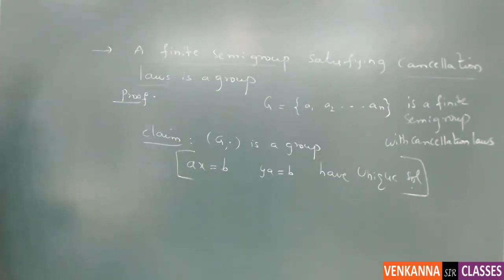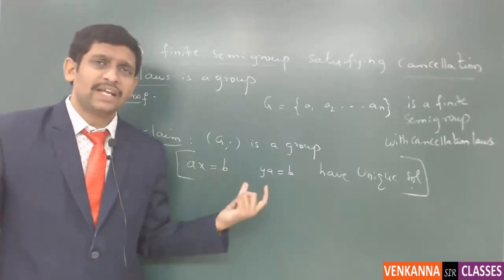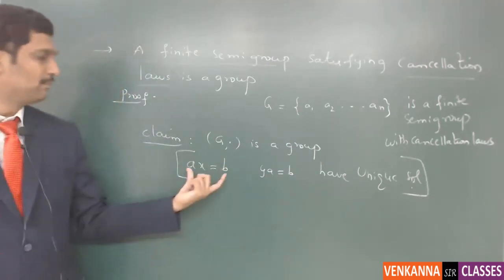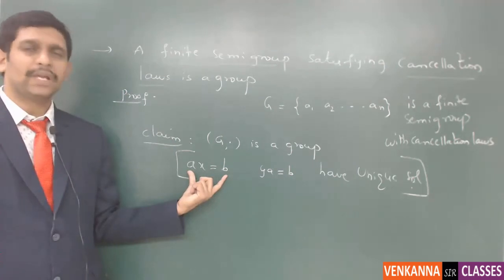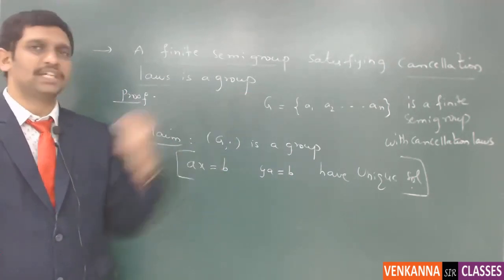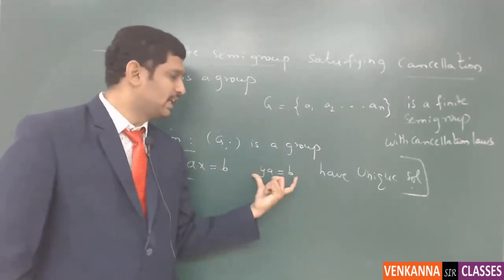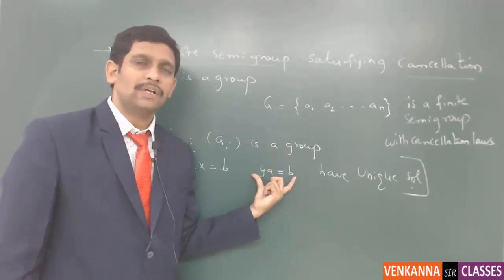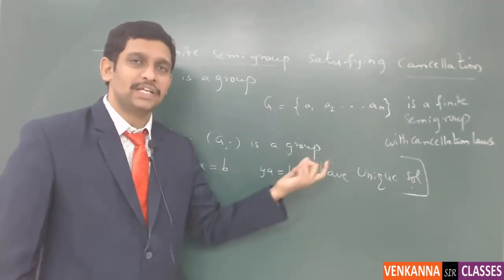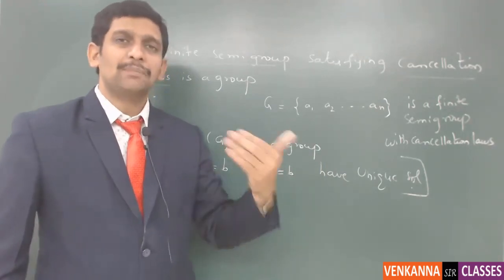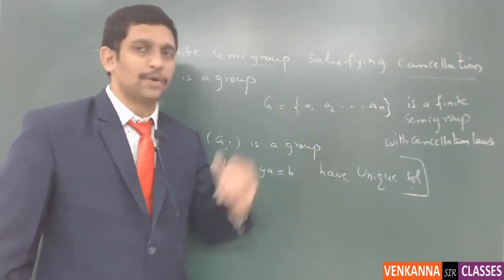Whenever I take an equation of the form ax equal to b, I will get a solution in G. Whenever I take ya equal to b, then I will get a solution in G. So based on the previous discussion, it will become a group.